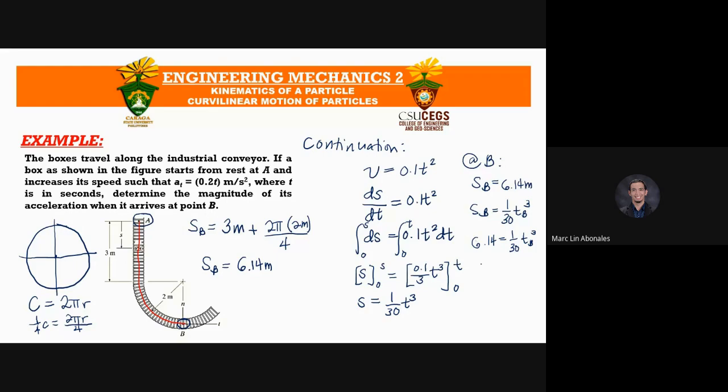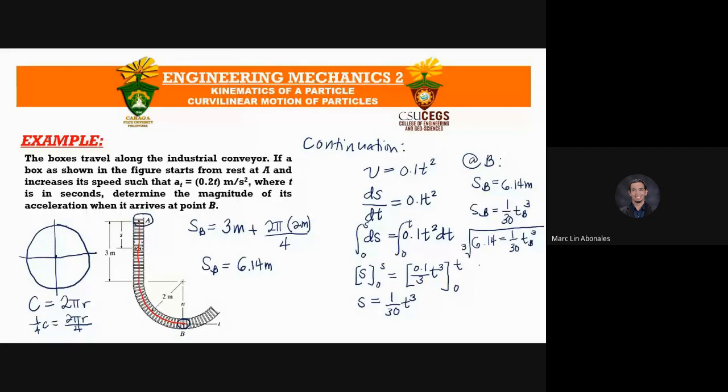So what we do here is take the cube root, which means multiplying the exponent by 1/3. We only take the cube root to remove the exponent 3 on the time.